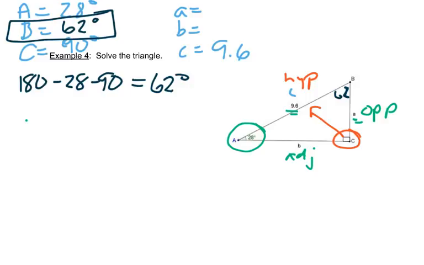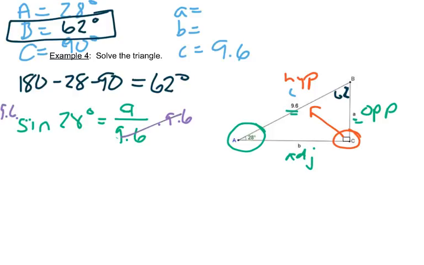So opposite and hypotenuse would be sine. So sine of 28 degrees is equal to A over 9.6. Then remember we'd want to multiply both sides by 9.6 to cancel that out. And that leaves me with A.